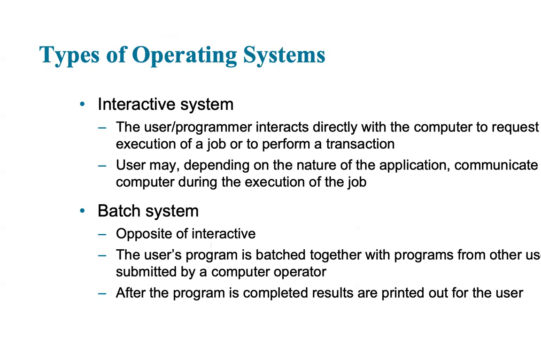A batch is where you submit a job, and it's put into the scheduler that the operating system uses and makes it happen. When it's done, it goes back and says, I'm ready to take another job.